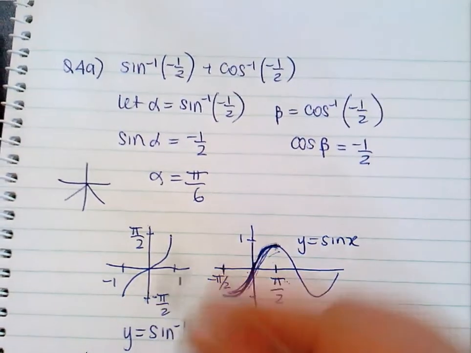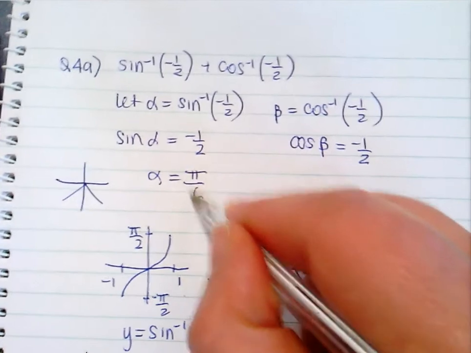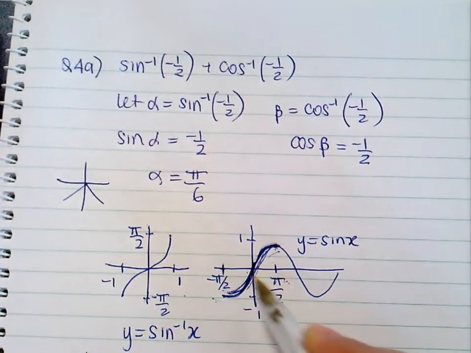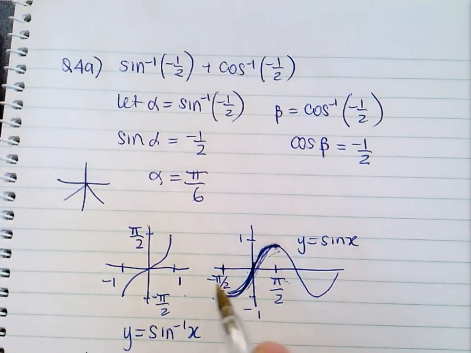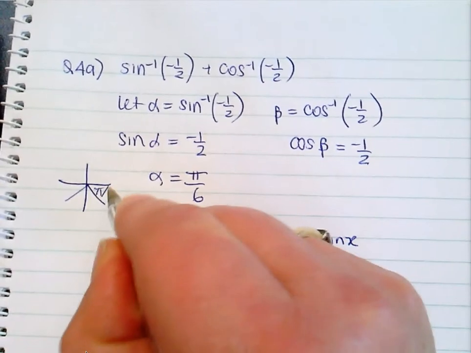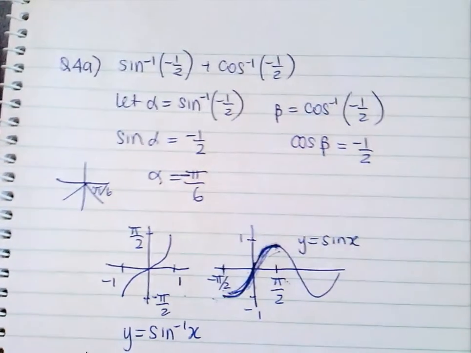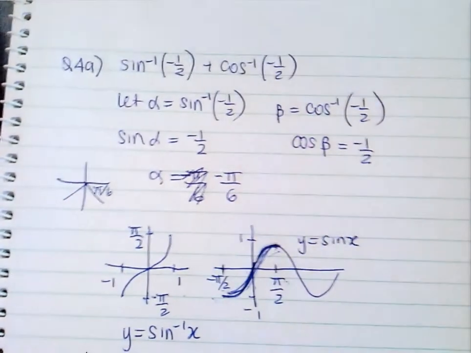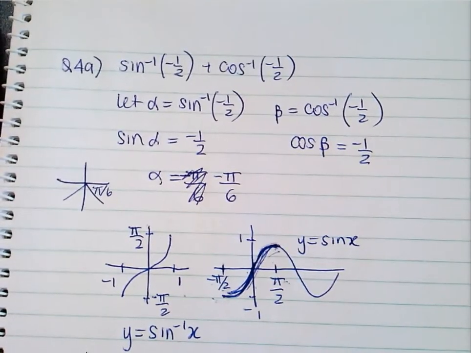So that's why, I'm not finished here by the way, I'm only allowed to go, sine of what is negative a half? It's quadrant 4, so it's minus pi on 6, because it's got to be the quadrant 4 angle.